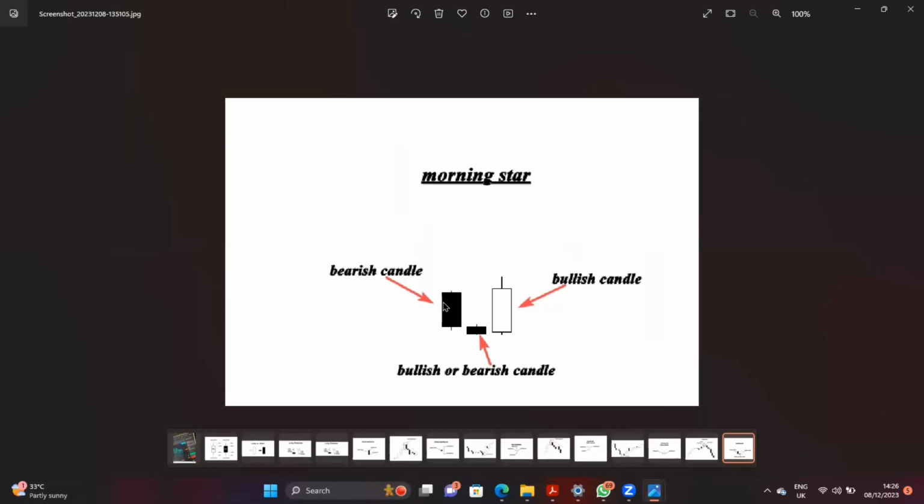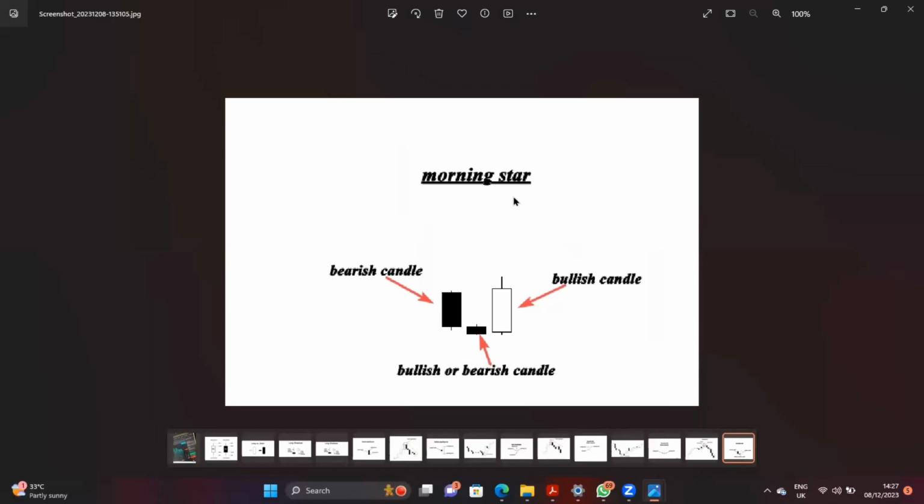The first candle must be a bearish candle. The second candle does not matter, whether it is bullish or bearish. Then the last candle, or outgoing candle, is a must: it must be a bullish candle.